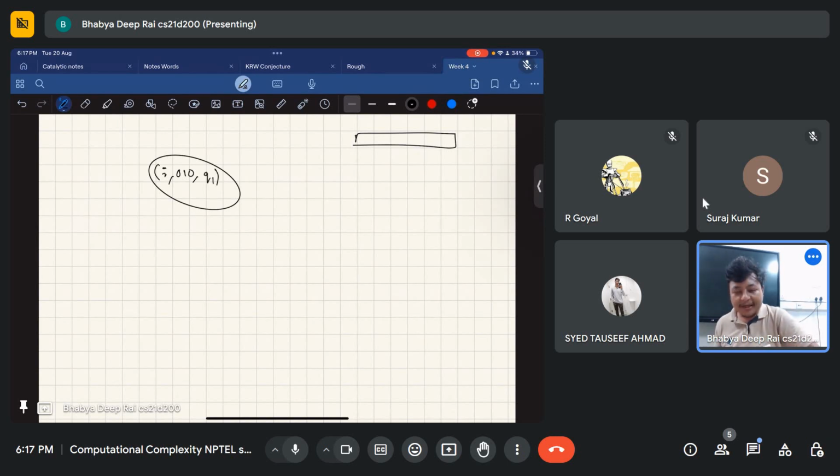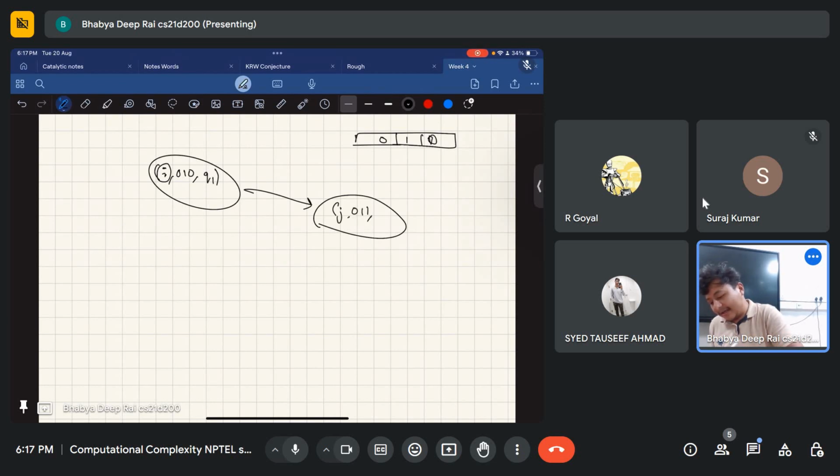The head is currently reading, and on that particular input, the tape content is 0, 1, 0. Then you move to another state, to some j, and you change it to 0, 1, 1, and then to Q2.